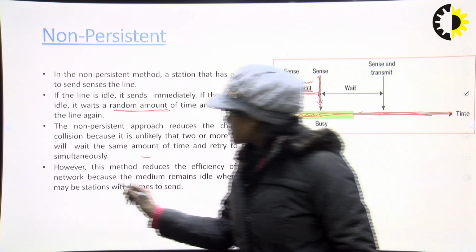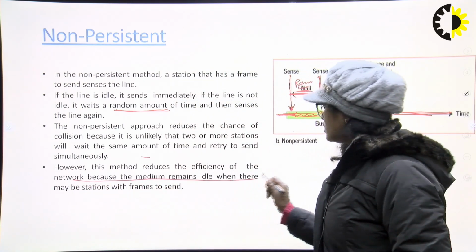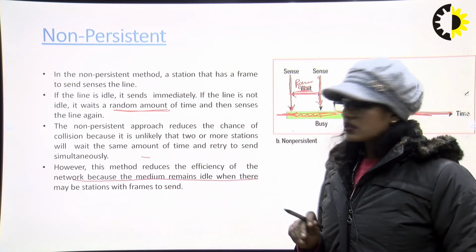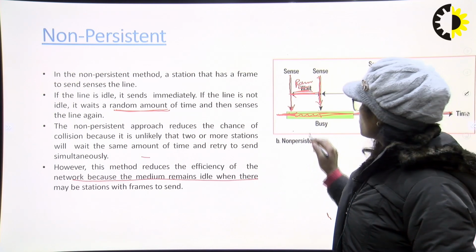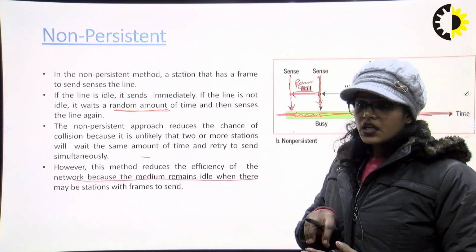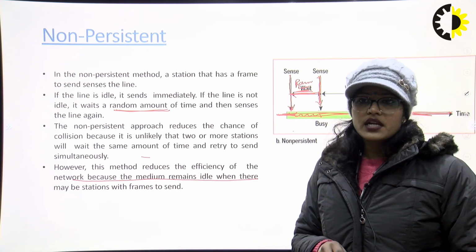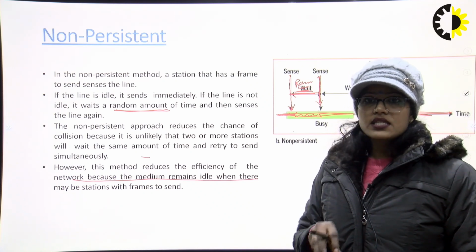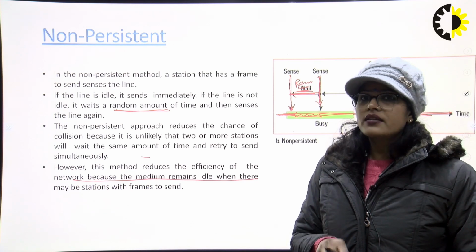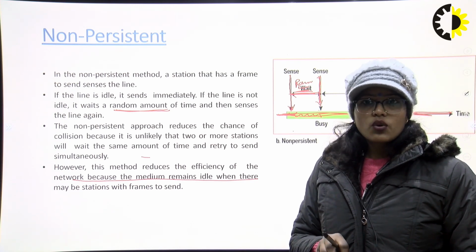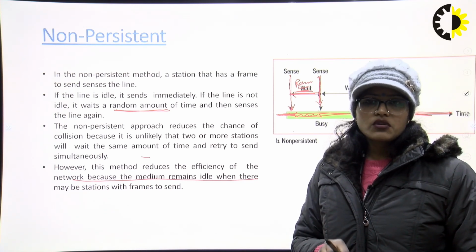Suppose no device wants to send data, so at that time there is no data for transmission on the shared medium.